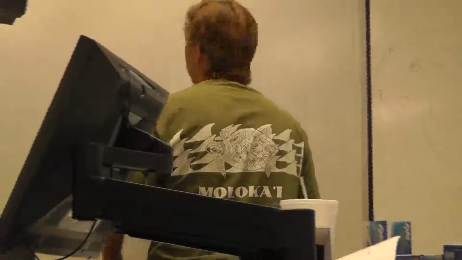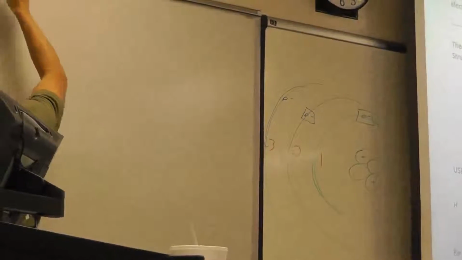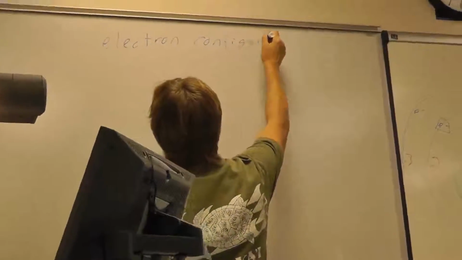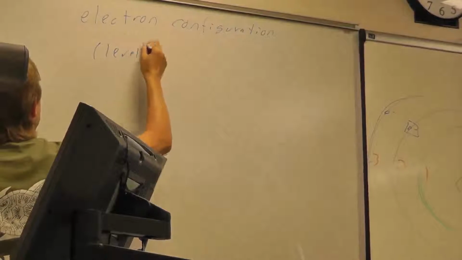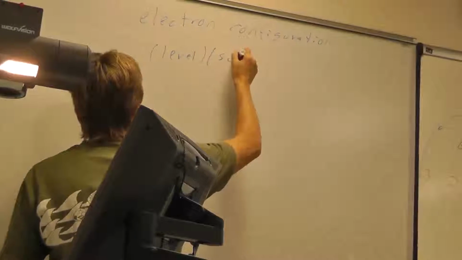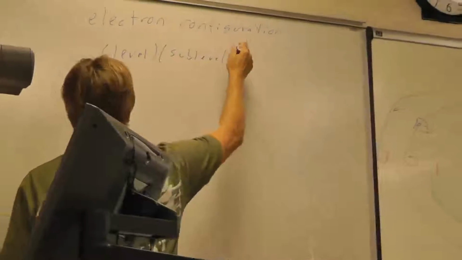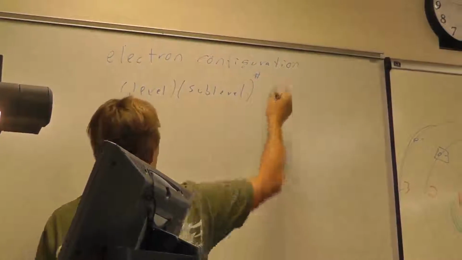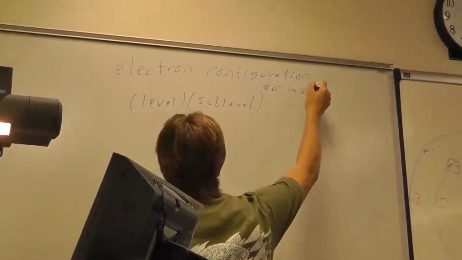And we're going to use that diagram to predict what's called electron configuration, which is a shorthand inventory telling where each electron is. And the information in a configuration is the level, the sublevel, and then as a superscript, the number of electrons in that sublevel.